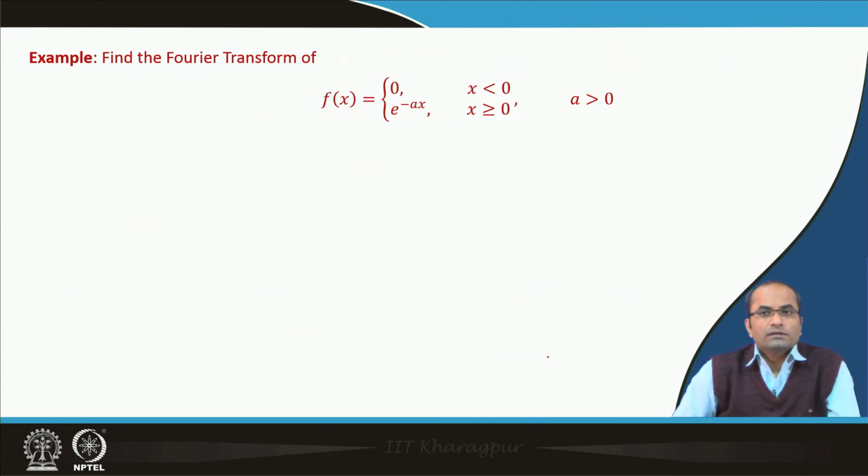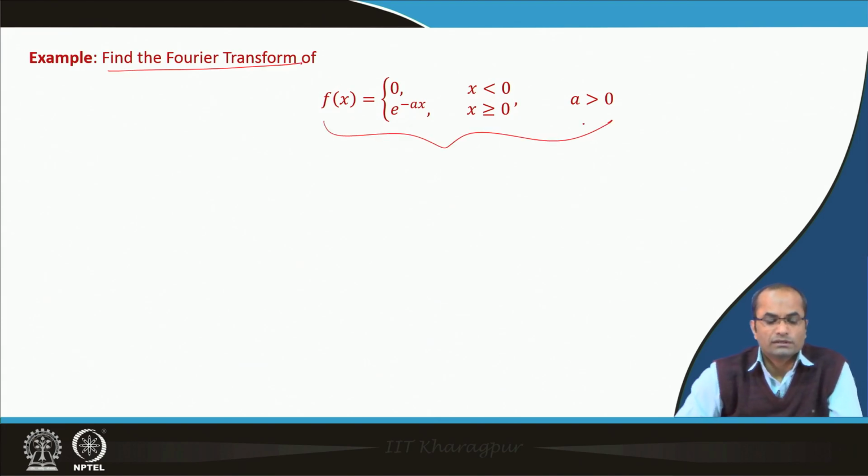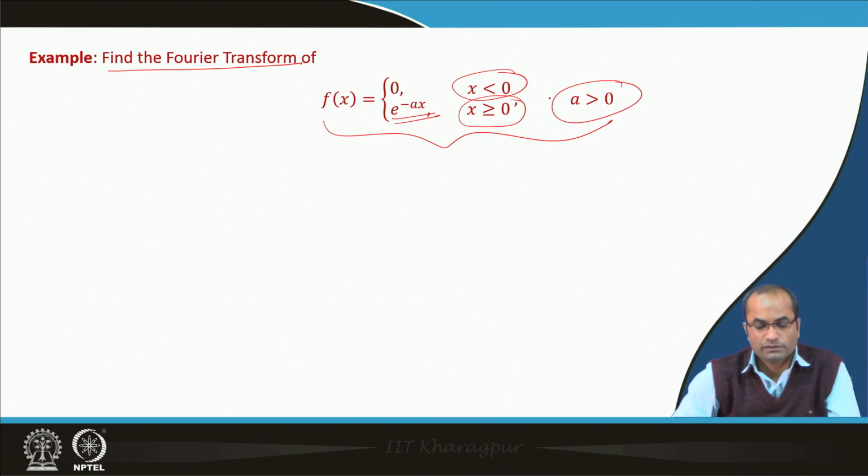Okay, so just two examples based on this Fourier transform. We want to find the Fourier transform, for instance, of this function, which is defined as 0 for x negative, and when x is positive, it is defined as e power minus a x, where a is a positive number.